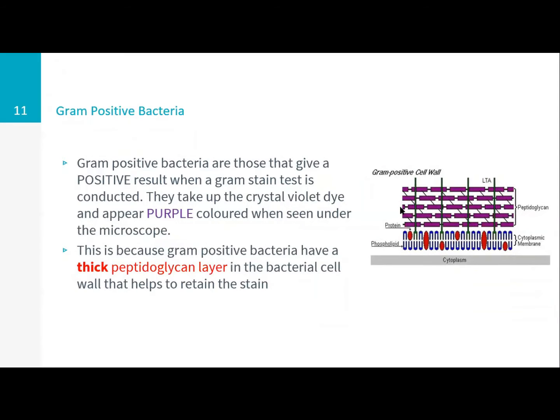And there is a picture in the subsequent slide which will show a comparison between the gram-positive cell wall and the gram-negative cell wall for you guys to have a clearer picture of what we are dealing with. So when seen under the microscope, it appears to be purple because of this. It retains the violet color. It has a very thick peptidoglycan wall, so it is able to retain that stain.